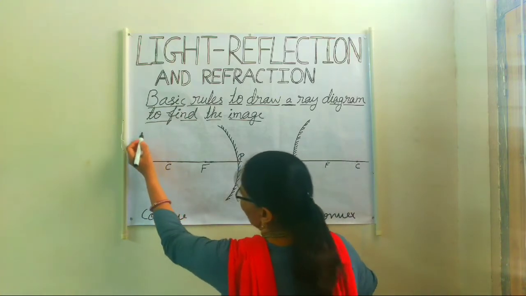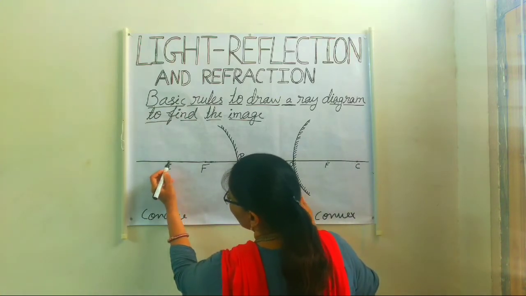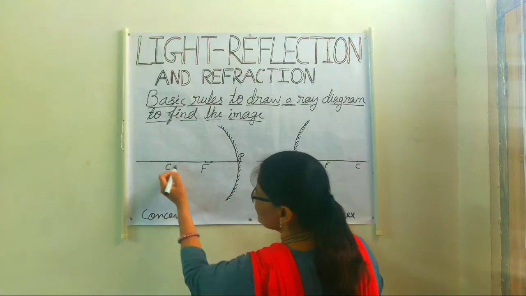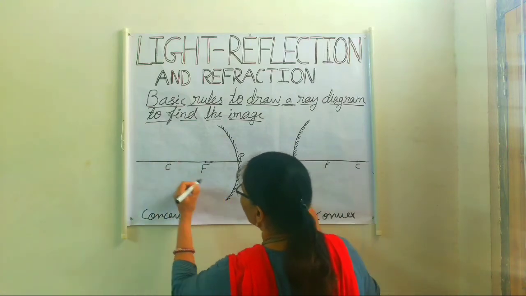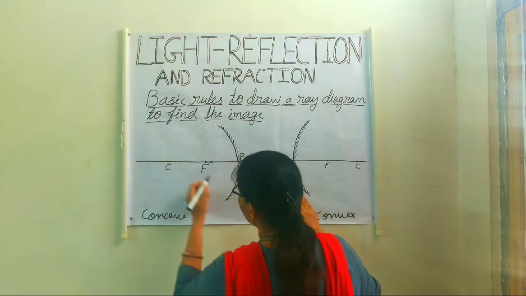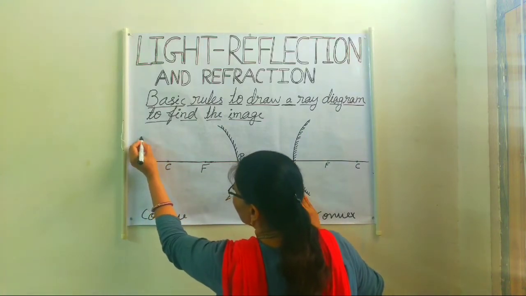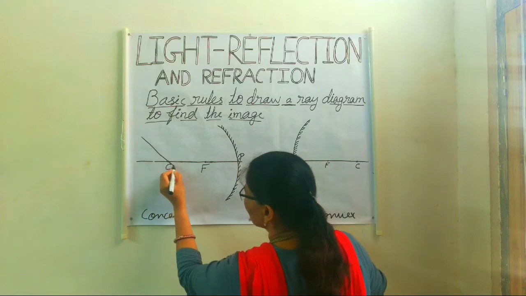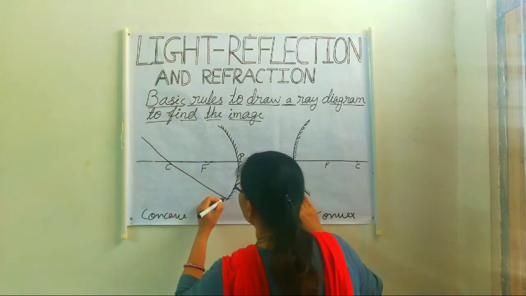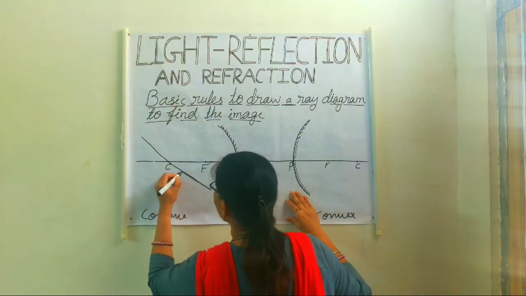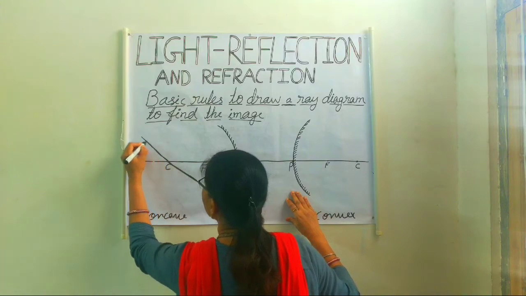So here this is the center of curvature and the incident ray passes through the center of curvature and it will strike the mirror. So it should be like this. It's difficult to draw a straight line here without any scale. It should be like this.